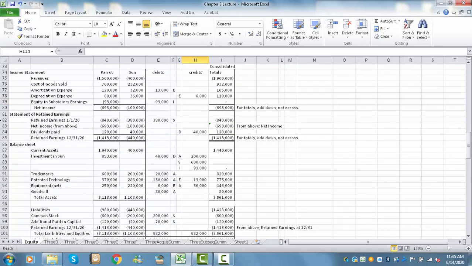So if we can find dividends paid here, we have 40,000. That's a debit because it's a positive number here. So a debit minus a credit leaves me only with the 120, but it eliminates those two. And then I want to debit investment in Sun, and lo and behold, if you put all of these together, you'll find that there's a zero balance here.